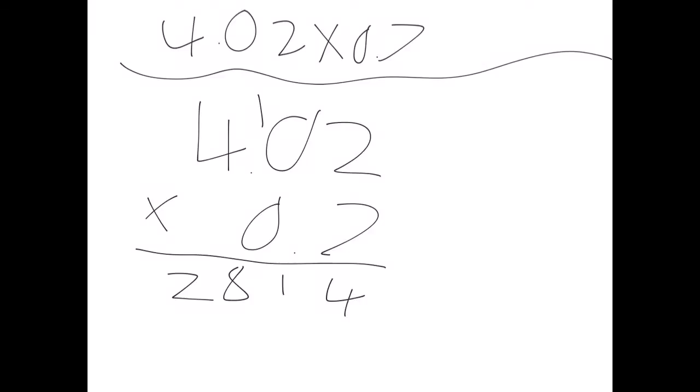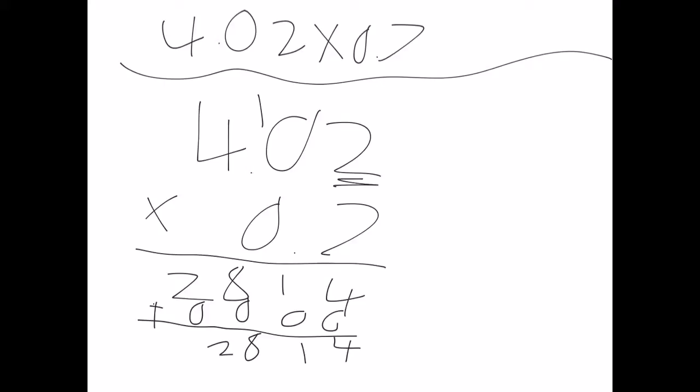And then 0 times 2 is 0. 0 times 0 is 0. 0 times 4 is 0. So now we add them. We get 4, 1, 8, and 2. To find out what your number is, you have to see how many spaces you have after your decimal.